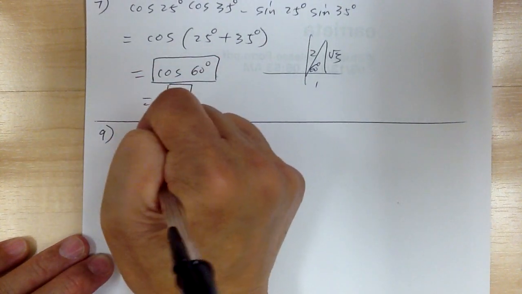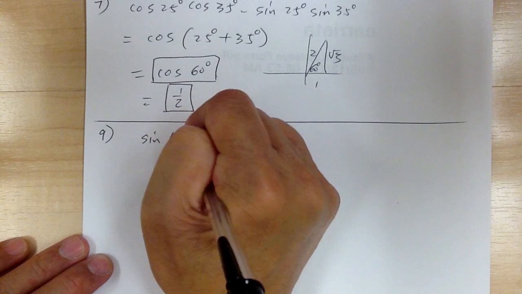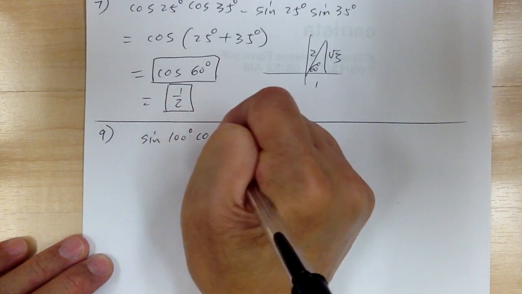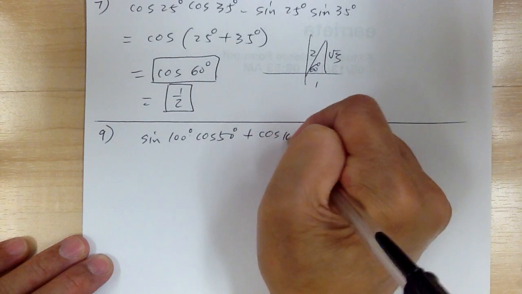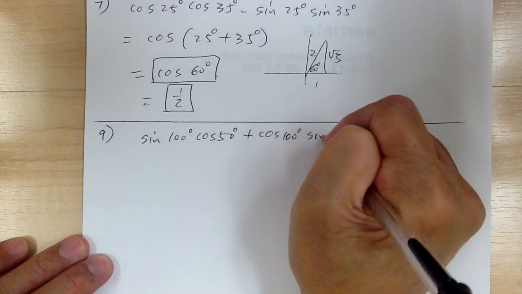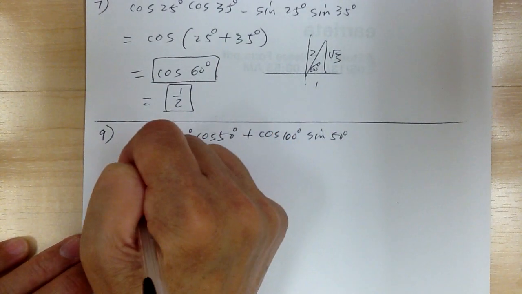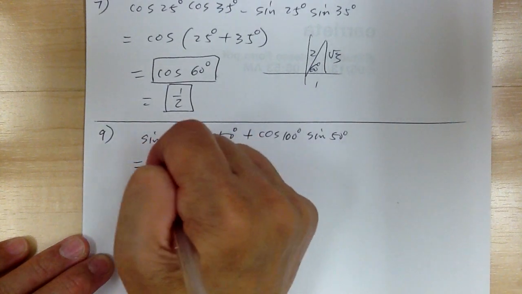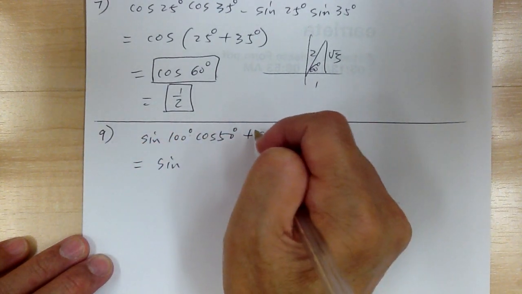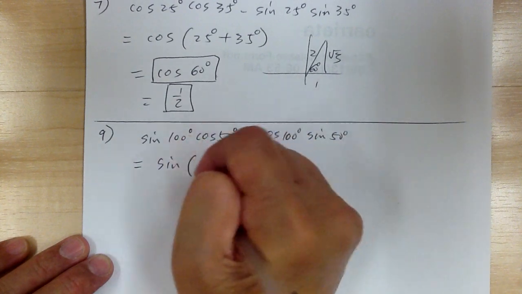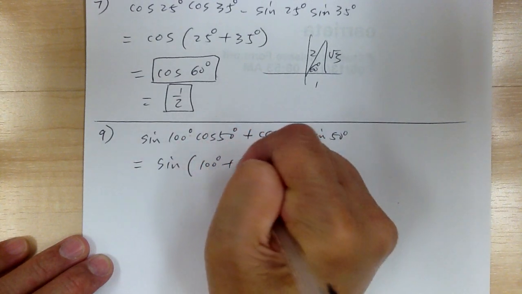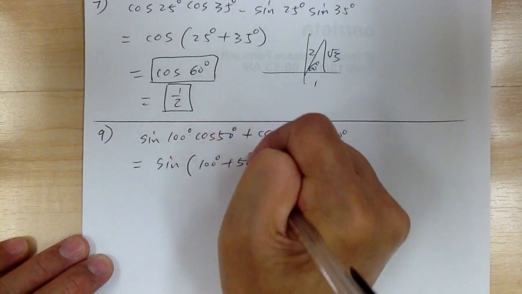Okay, number 9. You have sine of 100 degrees, cosine of 50 degrees, plus cosine of 100 degrees, sine of 50 degrees. Okay, so this is equal to sine of, so this came from the sum identity for sine. So this will equal sine of 100 degrees plus 50 degrees.